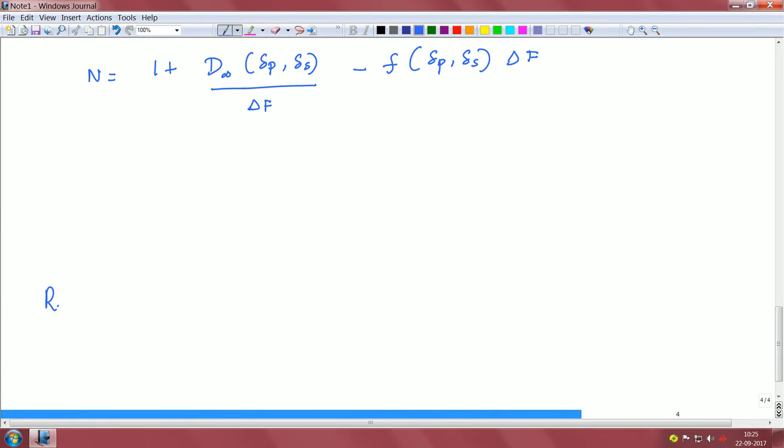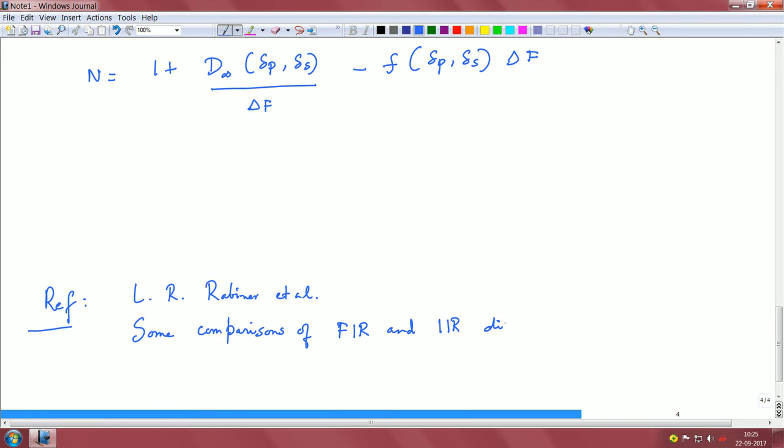So, first let me write the reference. This comes from the work of Larry Rabiner from Bell Labs in the 1970s, and this paper is titled Some Comparisons of FIR and IIR Digital Filters.